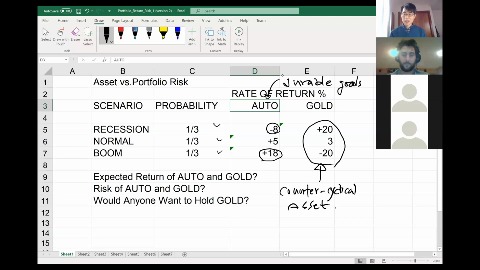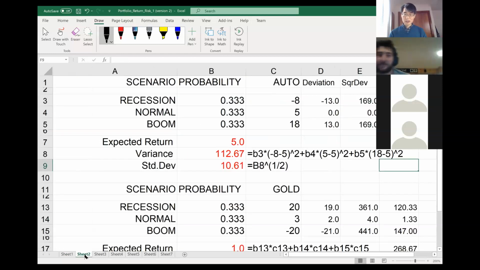So this is a kind of asset that does well when there is an economic recession and does poorly when there is an economic boom, right? So when you have these two different assets, how do you calculate the rate of return of each asset and the risk of each asset?